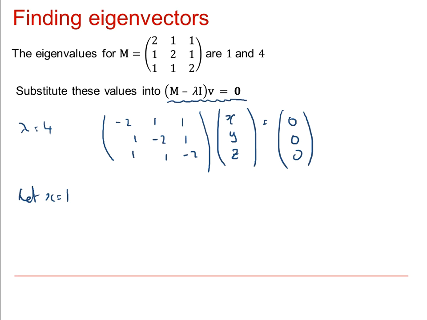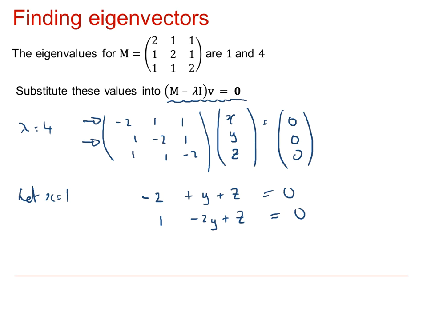So substituting that into our matrix and multiplying out, taking the first line, we get minus 2x plus y plus z must be equal to 0. And then taking the second row, we get 1 minus 2y plus z must be equal to 0.